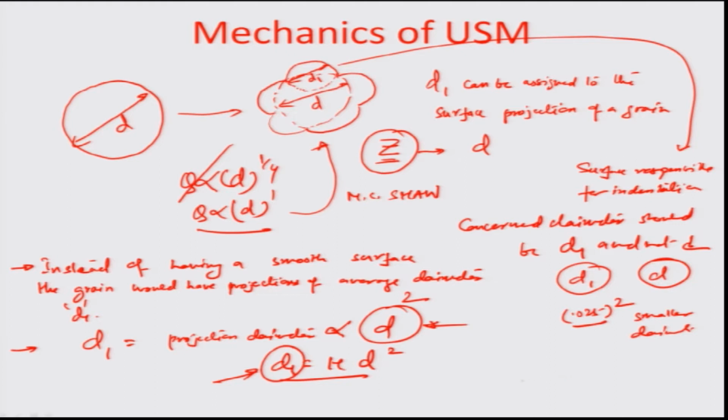So, that is how we had to plug in whenever we want to calculate the flow stress sigma w, which was calculated earlier in case of USM.